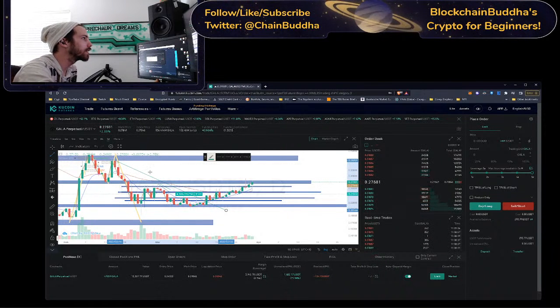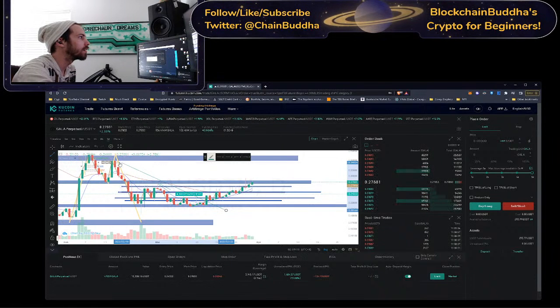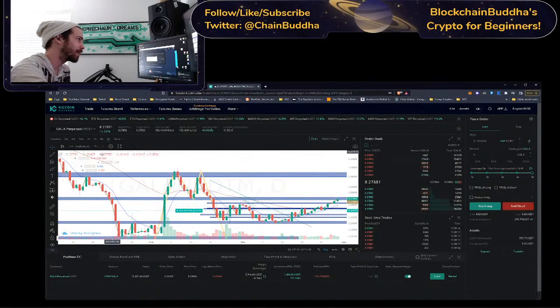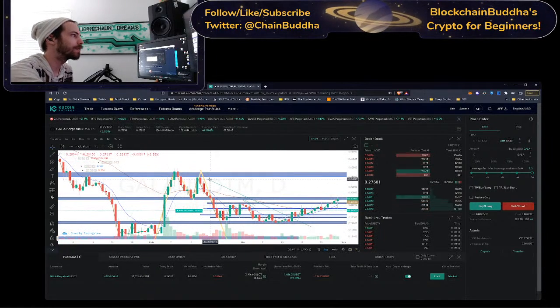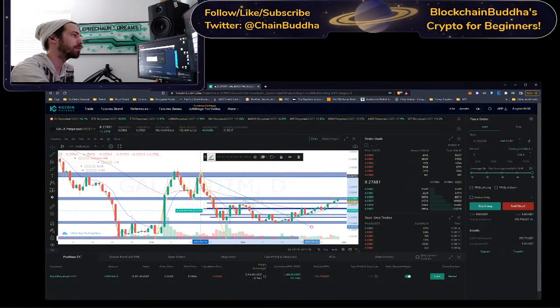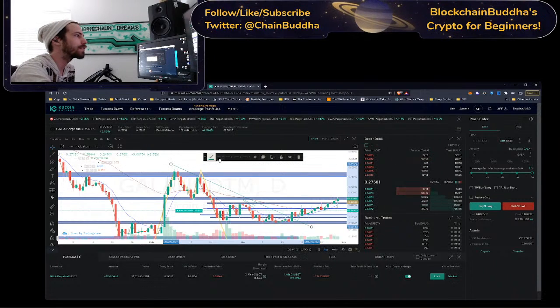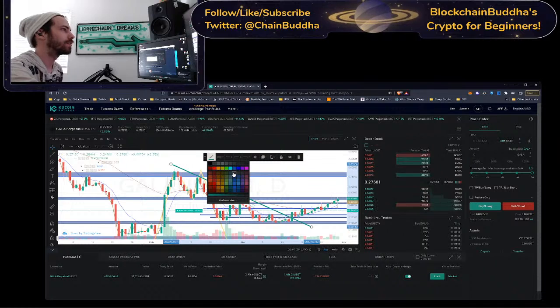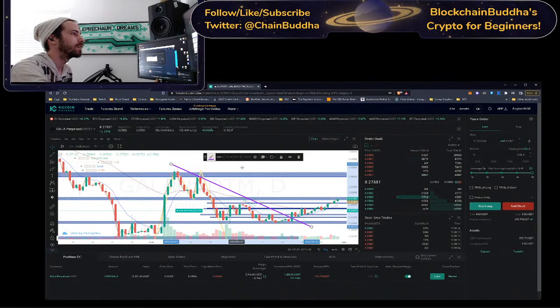Sometimes you click on all these buttons up here, so I'd just be careful with that. It's not really gonna mess anything up, but right here you can see, make this thicker, and we'll make it purple.